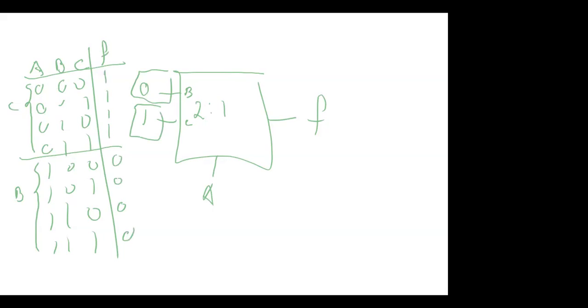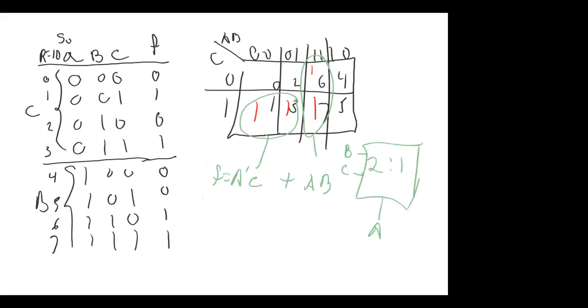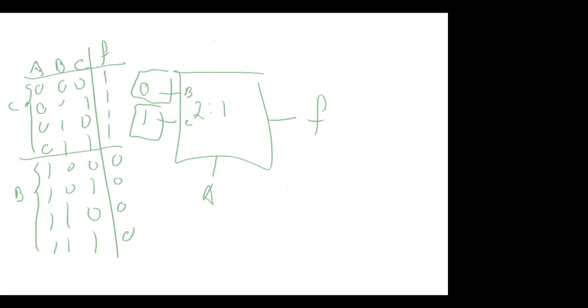How do I know this, right? Well, let's go back. I know this equation, F equals A prime C or AB. And I also know that B equals 0 and C is equal to 1.